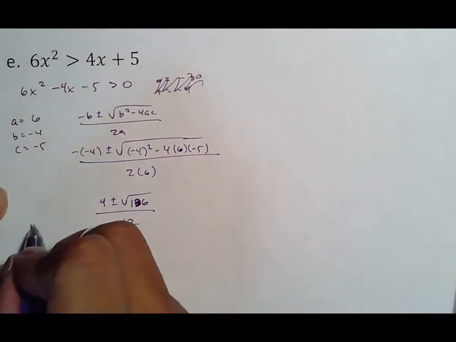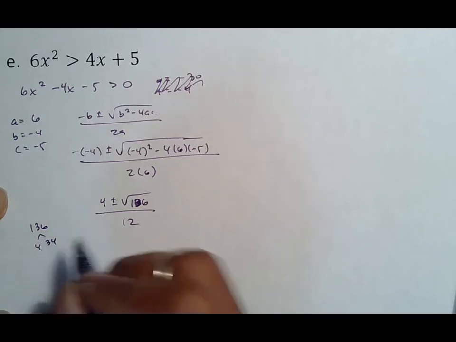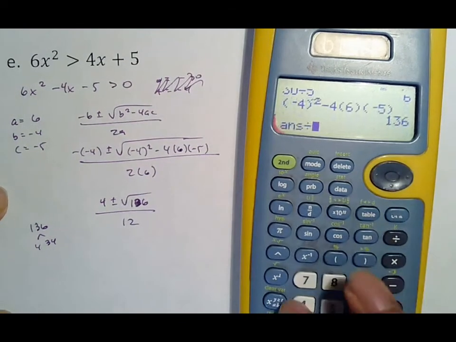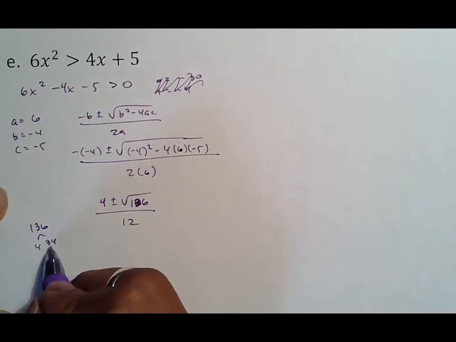Breaking down 136, because I'm pretty sure it does break down, is 4 times 34, I believe. Yep. But 34 does not have a 4, a 9, or a 25. That's why it helps to do that.